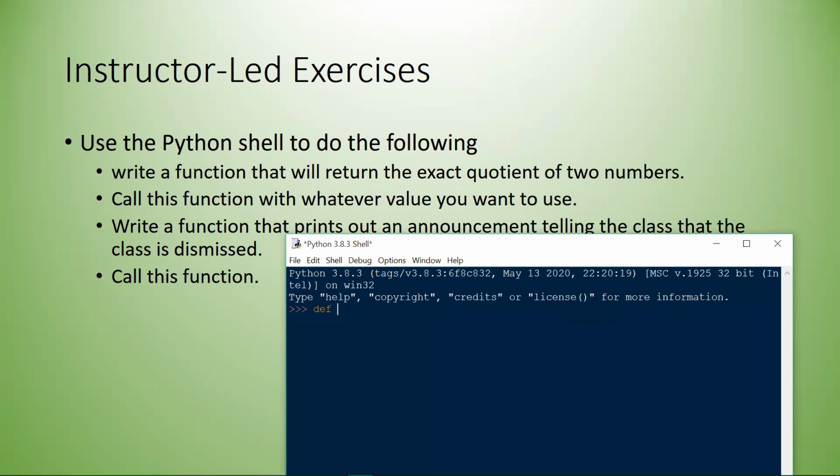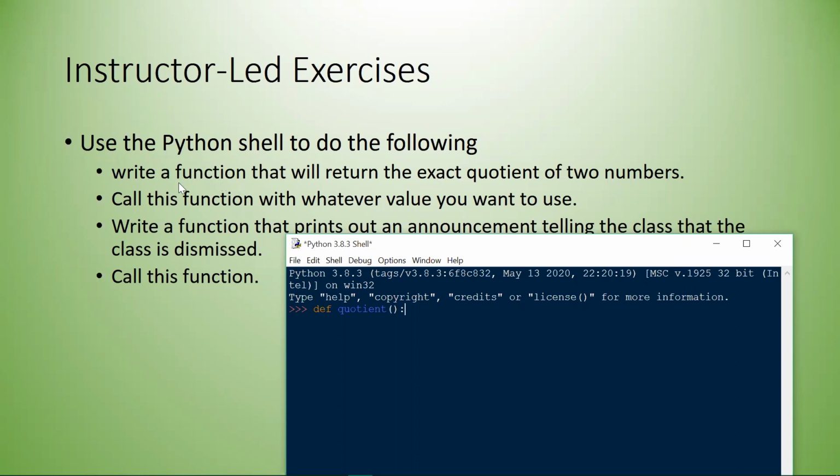And then the function name. We want to write a function that will return the exact quotient of two numbers. Let's call it quotient, right? And after the function name, what must you have? The parentheses. Whether you have parameters or not, you must have the parentheses followed by the colon.